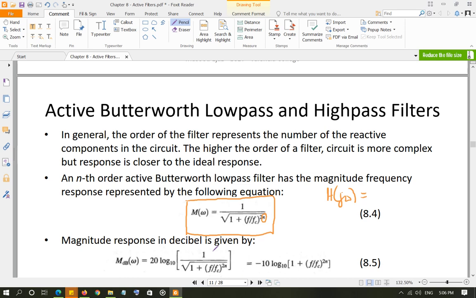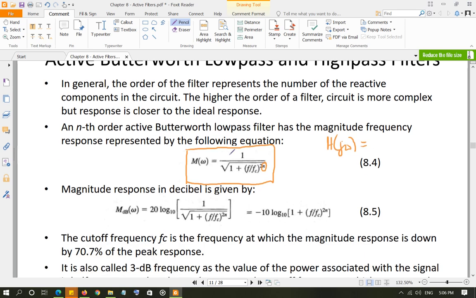In the decibel scale, the logarithmic scale, we can represent this magnitude as 20 log 10 of M omega, and M omega is of course this. Fc is the cutoff frequency, and remember, for the real filter, cutoff frequency is the one at which the magnitude of the filter goes to 70.7% or 0.7071 times the peak value.